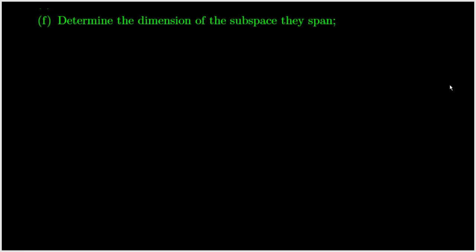Determine the dimension of the spanning set. For this one, I'm going to use the standard notation: the dimension of the span of U, V, and W. Anybody want to tell me the dimension right now? What is the dimension of the spanning set? The dimension is how many basis vectors you count, right?